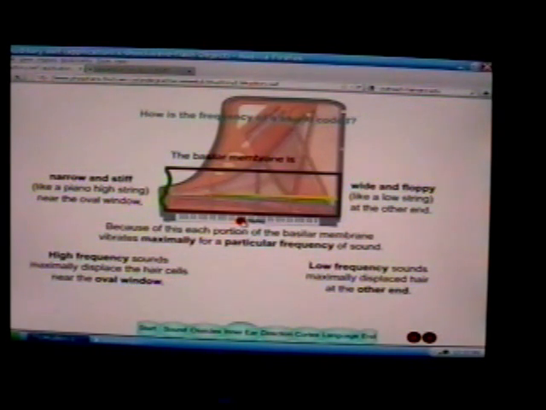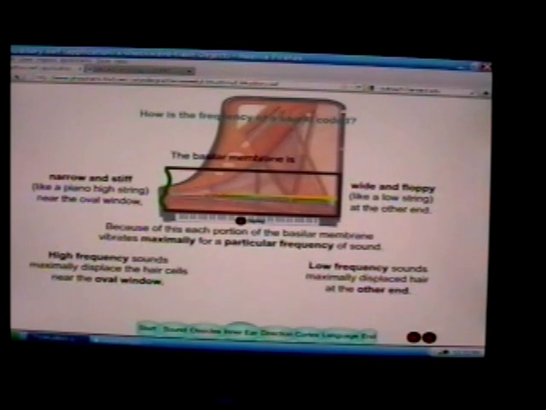This is called place coding. So depending on where you are as a sensory neuron, you are carrying information about a different aspect of the environment. In other words, if you're a hair cell located close to the oval window, then you respond to high frequency sounds. If you're a hair cell down here, you respond to low frequency sounds.